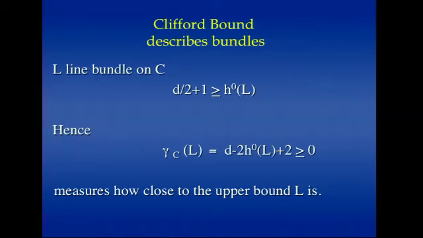But if we look at the Clifford bound and try to calculate how far this expression, which measures this new integer function, is, if we rewrite it in a nice way, this is measuring how far your curve, your bundle, is from the upper bound, the Clifford bound.